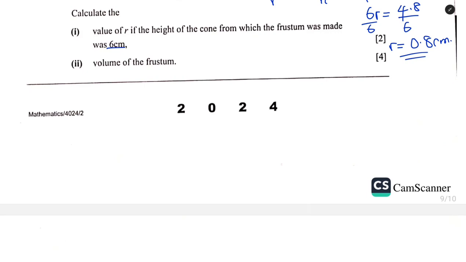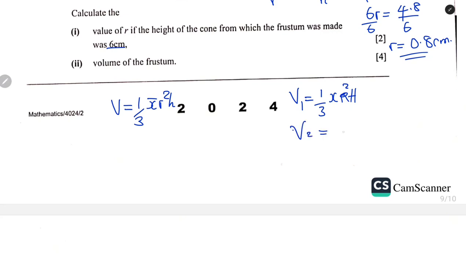You know that the volume of the frustum generally is 1 over 3 pi r square h. Since we have two volumes, that of the big and of the small, we can say volume 1 is 1 over 3 pi, big radius square, big height, minus volume 2, that of the small one.